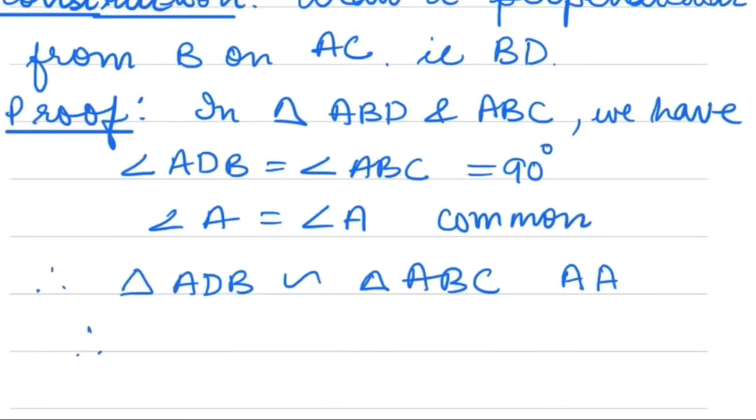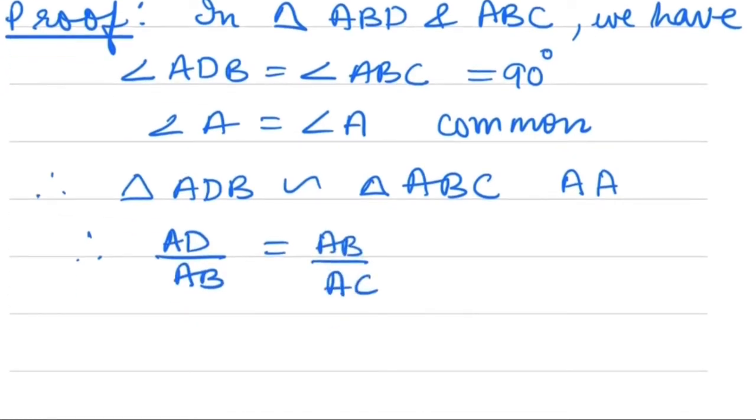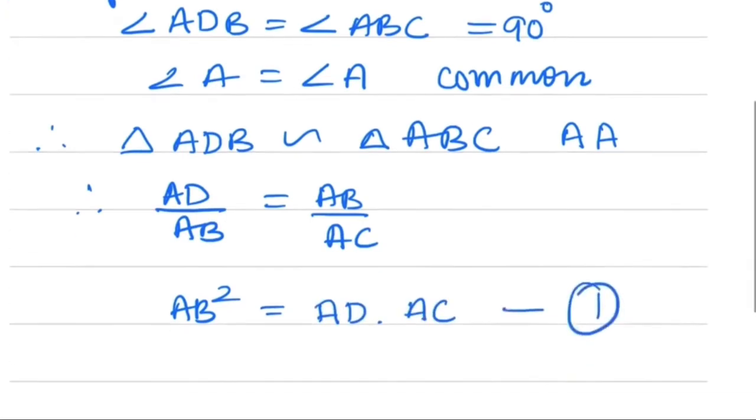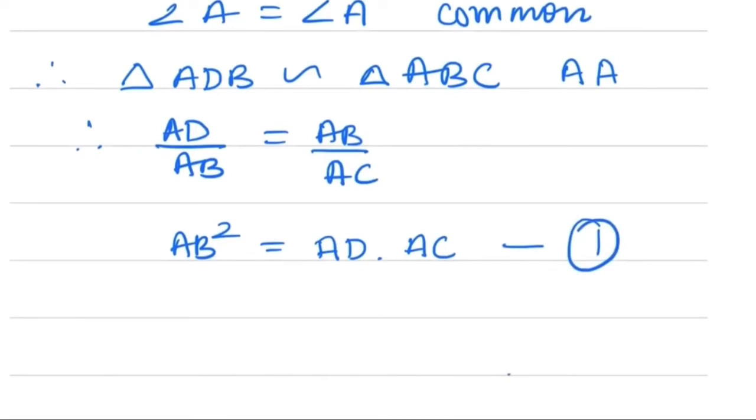So we can say that AD by AB is equal to AB by AC, and this would give AB square is equal to AD into AC. So this is the first equation. Now second, we'll move to the other triangles.